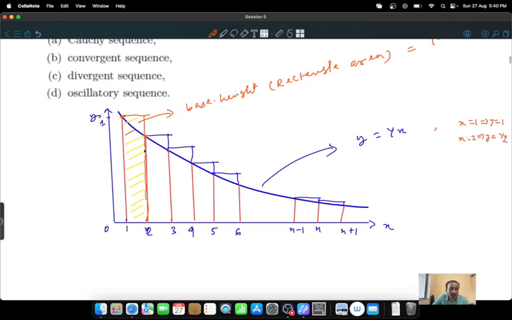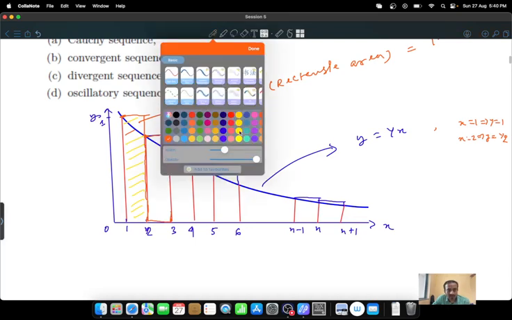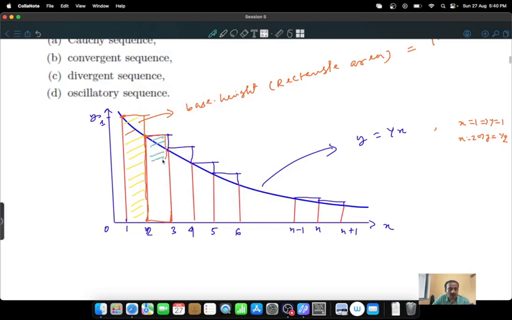So this height is basically half, and this rectangle has base 1 and height half.